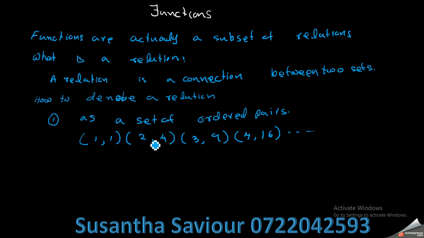Then this first set is called the domain, second set is called the range, right? We will discuss the domain and the range concept in detail when we are discussing functions.